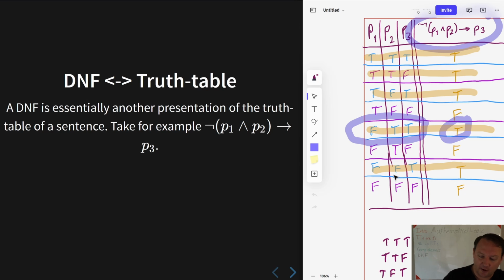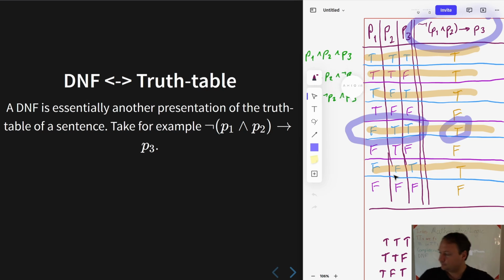So in the first row, I'm going to write down P1 conjunction P2 conjunction P3. And in the next row, I'm going to write down P1 conjunction P2 conjunction negation P3. And then I think you probably see the pattern by now, P1 conjunction negation P2 conjunction P3.